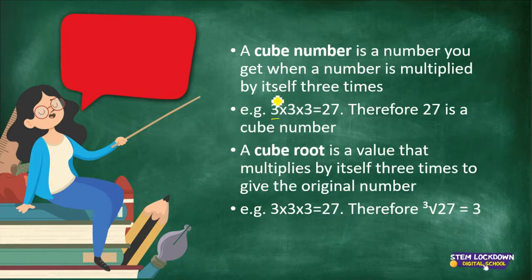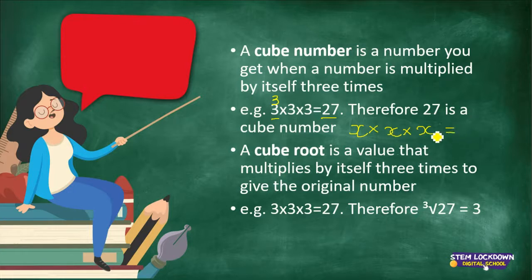I like to use the 3 times one. So it's 3 times 3 times 3, you get 27. Obviously, this can also apply to variables. You can have x times x times x.